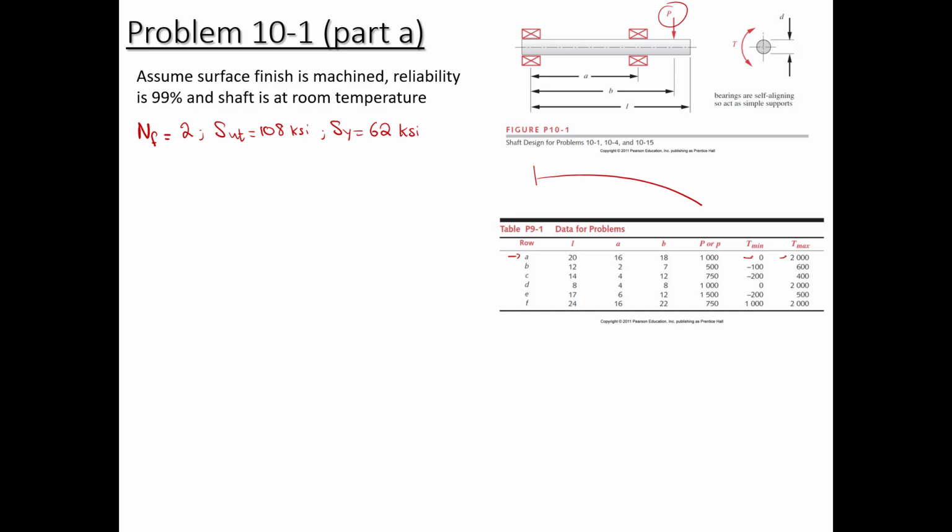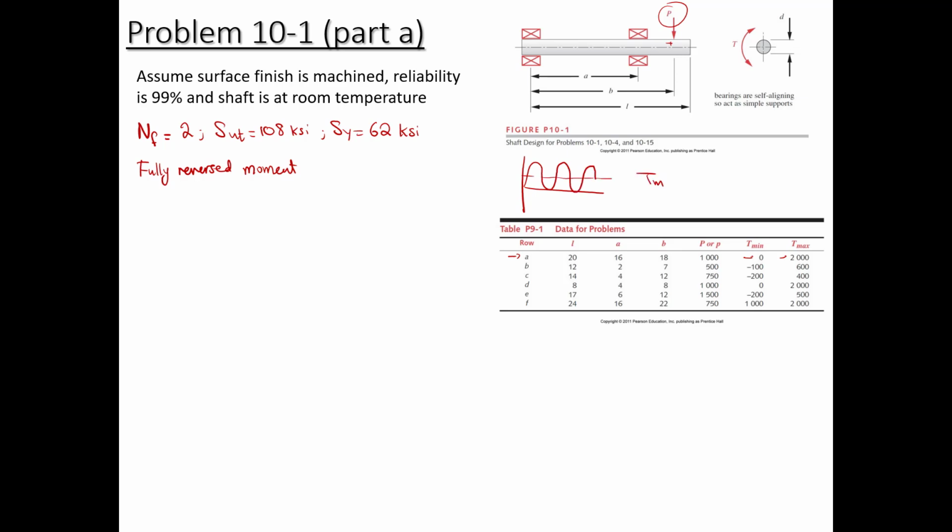Alright, so the first thing is to find the maximum moment. Now this shaft is going to rotate, so at one instant it's plus here and then it fluctuates, so it's fully reversed. Moments, and you can see from here you have maximum and minimum, so it is fluctuating. However, it's a special case of fluctuation, it's repeated torque.